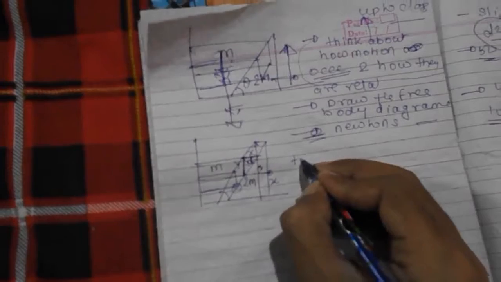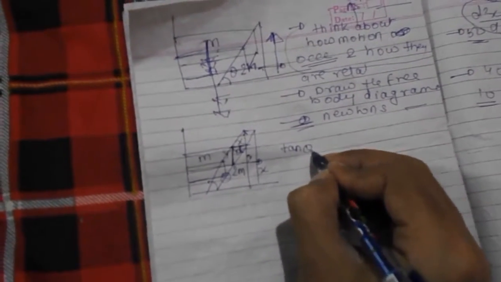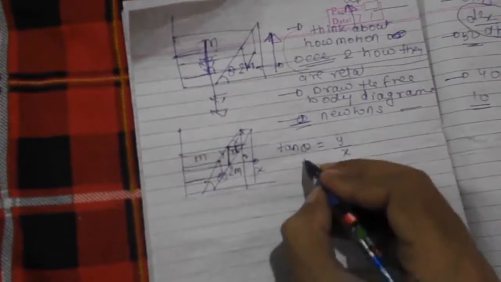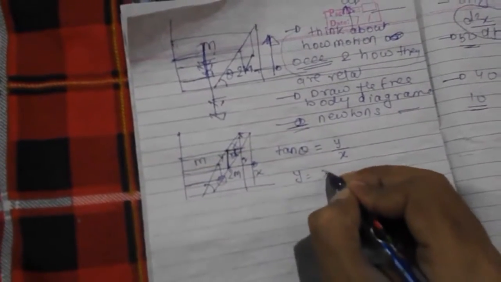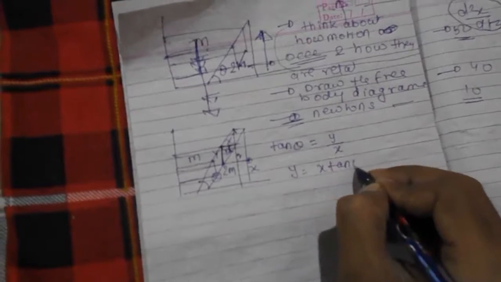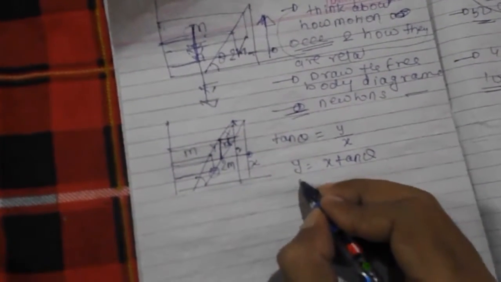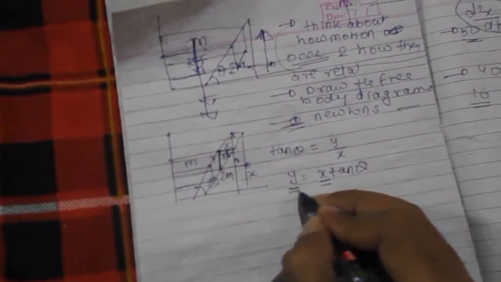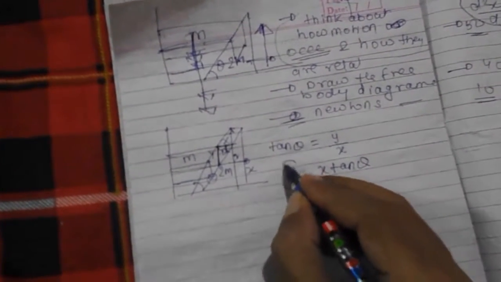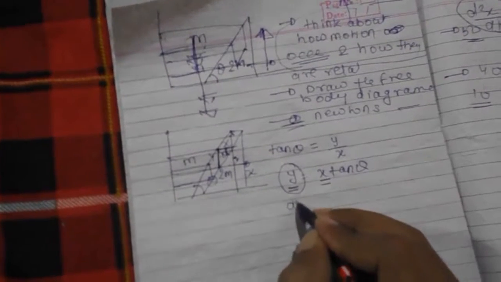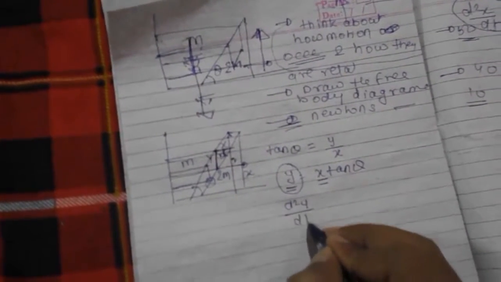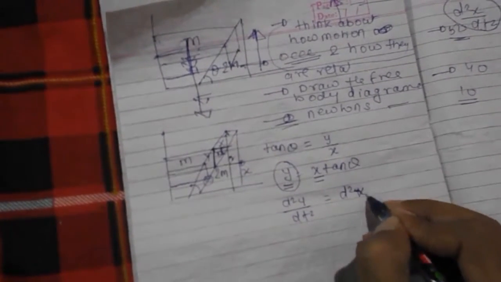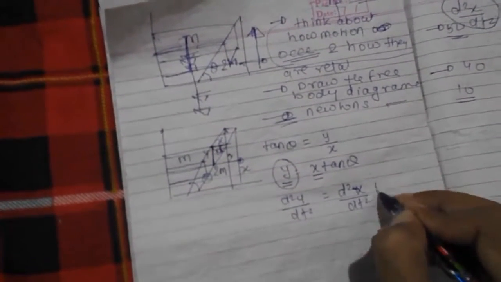So what can I write? tan theta is equal to y by x. So y is equal to x tan theta. I have found the relationship between x and y. If I differentiate it two times, d2y by dt2 is equal to d2x by dt2 times tan theta.